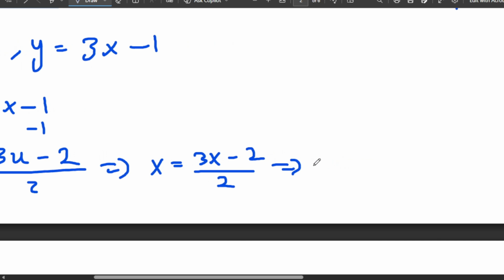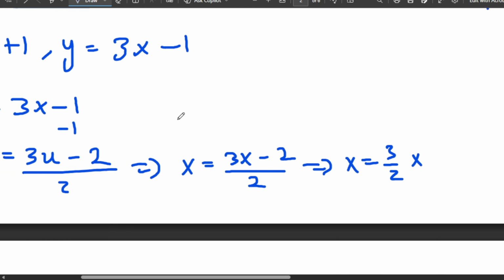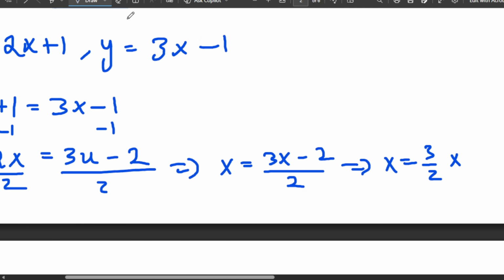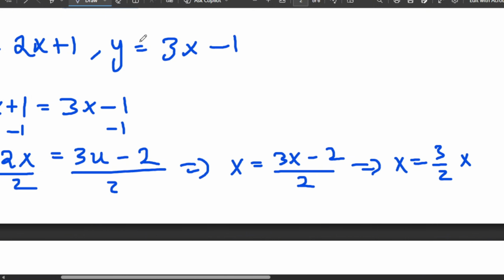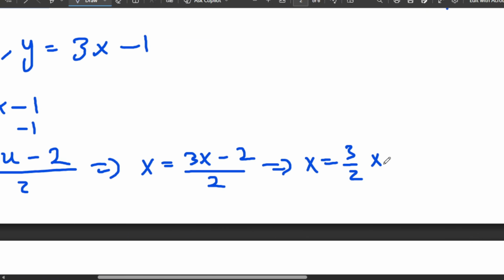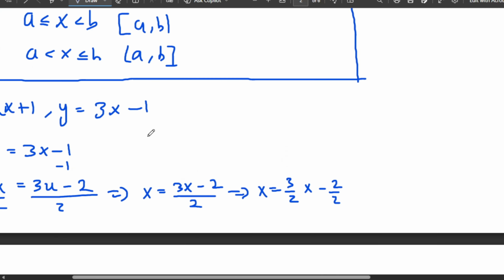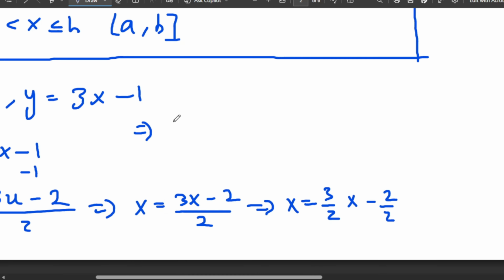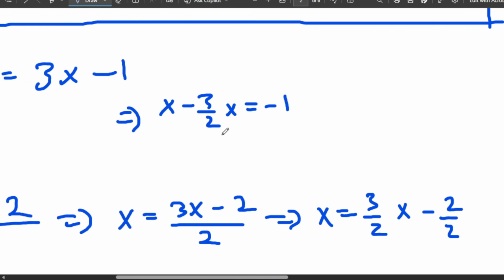That implies x equals, if we split this, 3 over 2 x minus 1, which is 2 over 2, and this is the same thing as x minus 3 over 2 x equals -1. We multiply 2 on both sides here, minus 3 halves x equals negative 1.